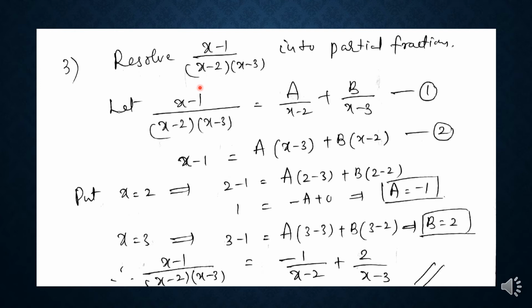In the left hand side, the numerator is x minus 1 and the denominator is x minus 2 into x minus 3. By taking LCM on the right, a into x minus 3 plus b into x minus 2 divided by x minus 2 into x minus 3. So the denominators are equal, so they can be cancelled. Then by equating the numerators on both sides, x minus 1 is equal to a into x minus 3 plus b into x minus 2.